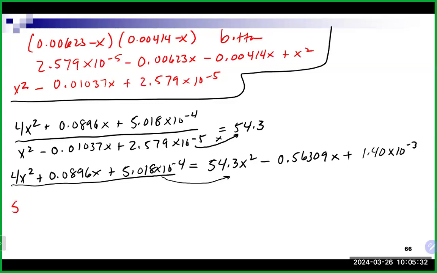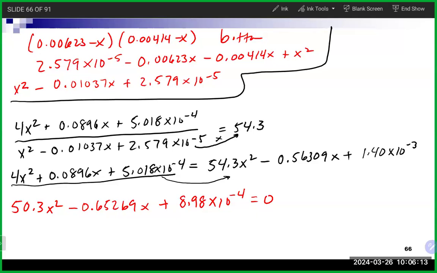So that looks like perhaps a 50.3x squared, 0.0896x, basically plus that there, minus 0.65269x, and that's going to give us minus 5.018 times 10 to the minus 4, and plus 8.98 times 10 to the minus 4 is equal to 0. Good so far? Yes, I hope.